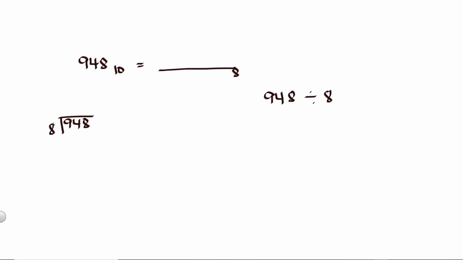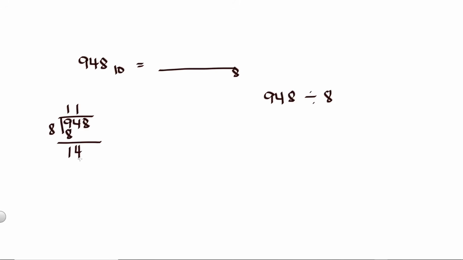Then let's have another example using the long division method. Let's say we have 948 base 10 and we're going to convert this to octal. So 948 divided by 8. 9 divided by 8 is equal to 1. 1 times 8 is equal to 8. 9 minus 8 is equal to 1. Bring down 4. 14 divided by 8 is equal to 1.